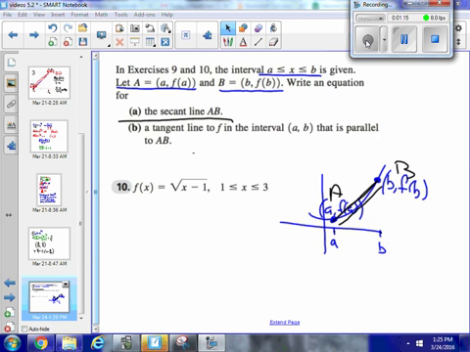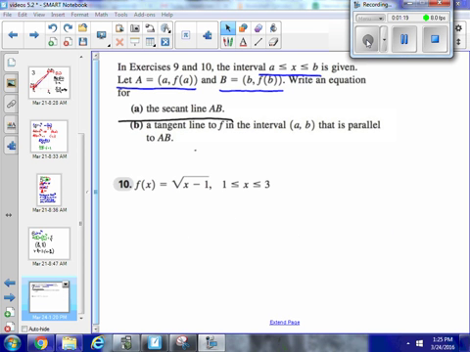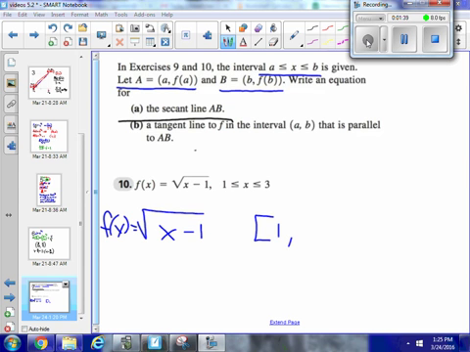So I'm going to start off by looking at my function and making sure that it is continuous in the domain that they gave me. This function right here, I'll rewrite it so it's a little bit bigger: f of x equals the square root of x minus 1. And they're asking me in the interval 1 to 3.